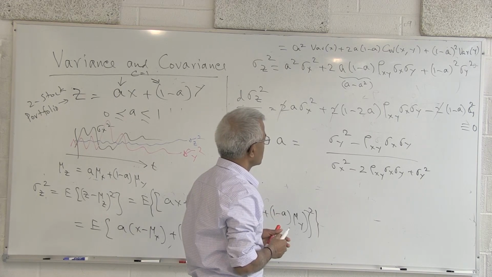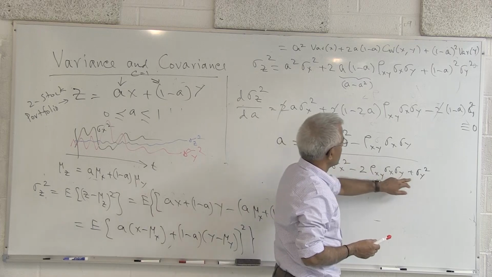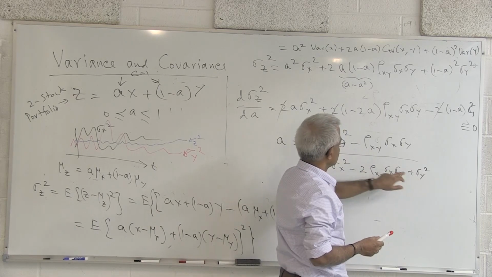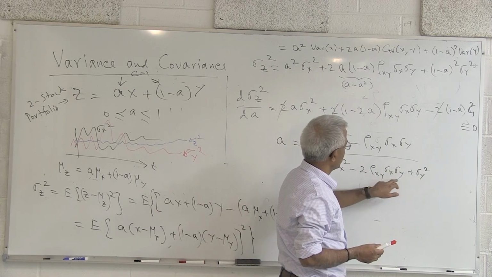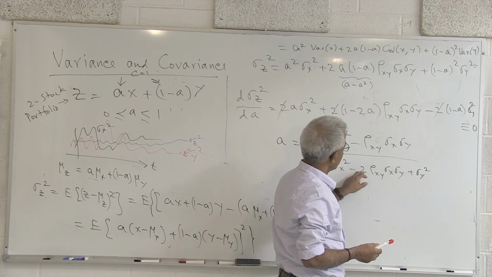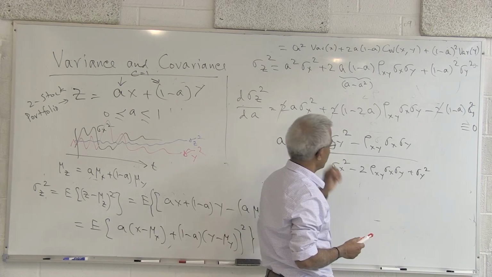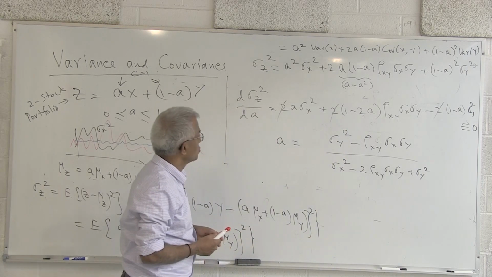So you can see this is clearly less than 1 because the denominator terms are sigma y squared minus rho xy sigma x sigma y here, plus sigma x squared minus rho xy sigma x sigma y. Anyway, here is the value of A.